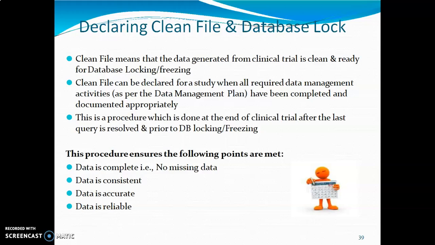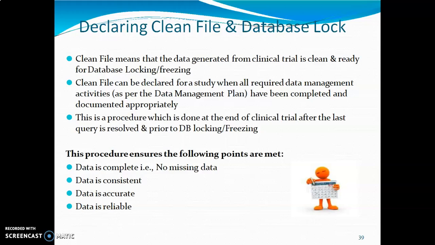A clean file can be declared for the study when all required data management activities as per the data management plan have been completed and documented appropriately, so that the data management team also agrees and all the data are accurate. This procedure is done at the end of the clinical trial, after the last query is resolved and prior to database locking or freezing. So this is the end stage.